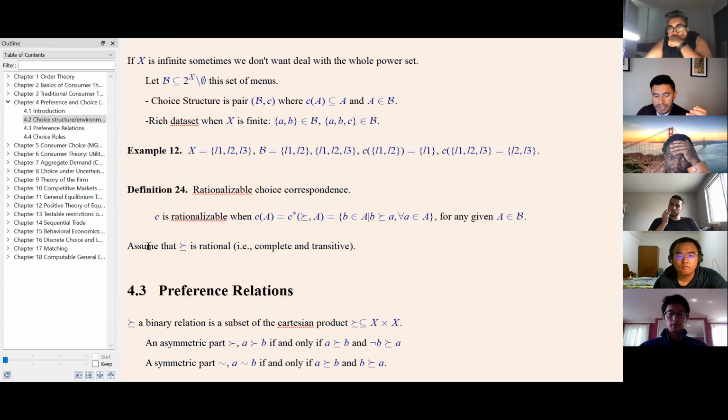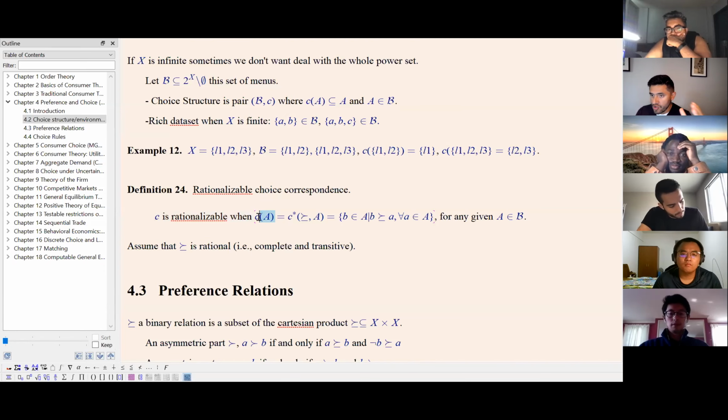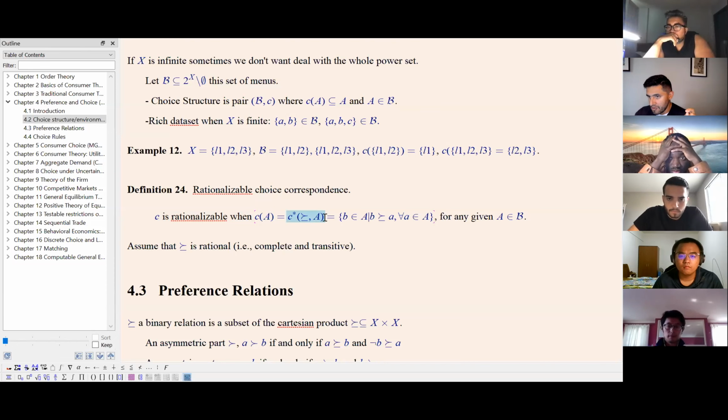Remember, C is data, right? So small c is the choice correspondence. And I say this object is rationalizable when this set here, for any choice set A, is equal in the set sense to the C star of the preference relation. What does it mean to be equal in the set sense? That this set is contained in this other set, which is the C star of the preference relation, but also this set on the right is contained in c(A).